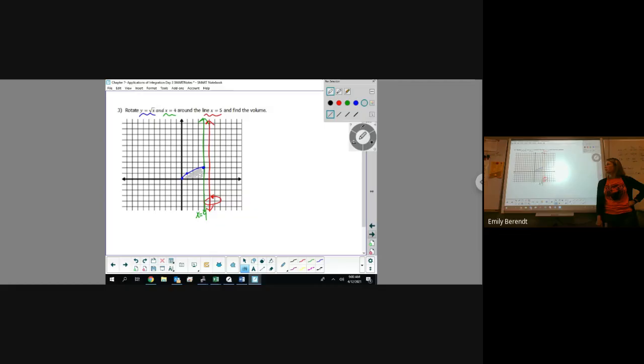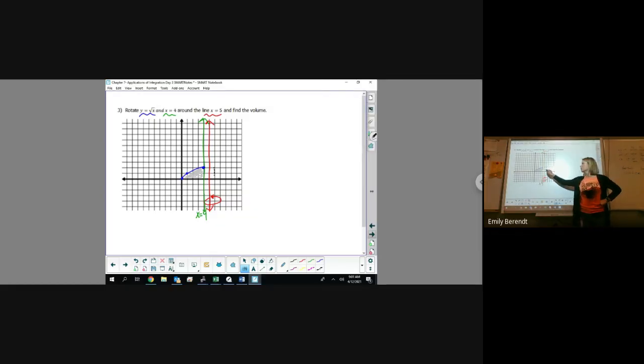So we're spinning it around the line x equals 5. 1, 2, 3, 4. There we go. So this one's like a volcano.